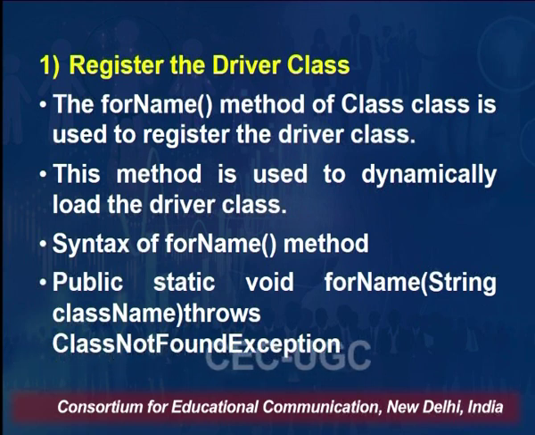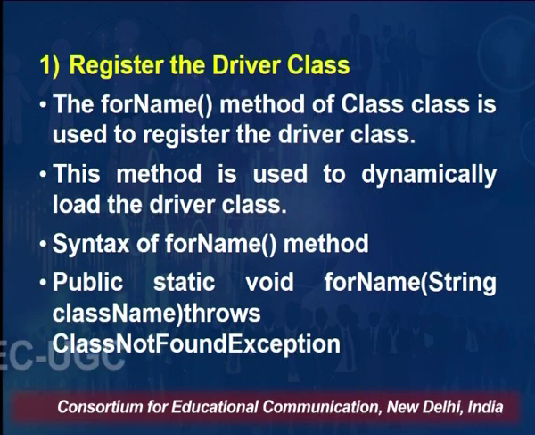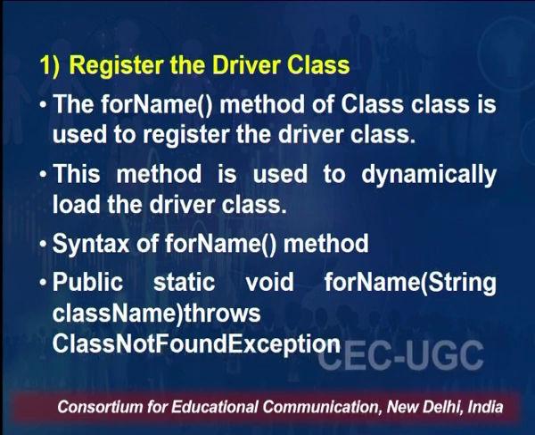The syntax of the forName method is as given on the screen. It is a public static method returning nothing. So, public static void, the name of the method is forName, and within the brackets we will be passing a string as a parameter, which is nothing but a class name.